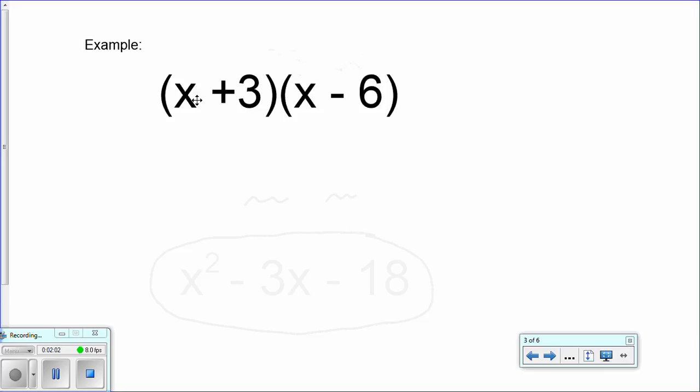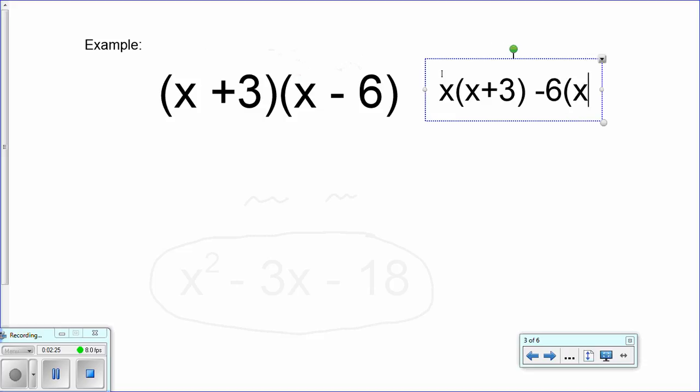Okay? We have to distribute this, and the way I did this I don't really like, but we'll do it anyway. So when we distribute this, we're distributing out the x plus 3, so we get x times x plus 3 minus 6 times the x plus 3.